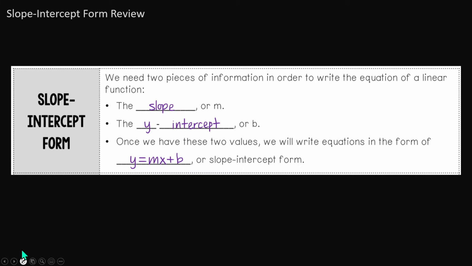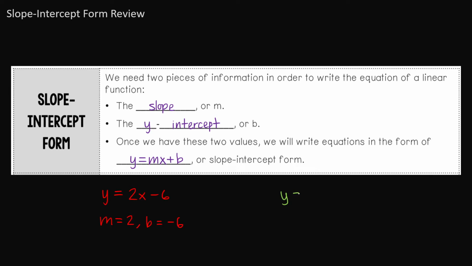You may have seen multiple formats of this equation. So for example, y equals 2x minus 6. The slope would be 2, and the y-intercept, since this is minus 6, would be negative 6. Here's another quick example.